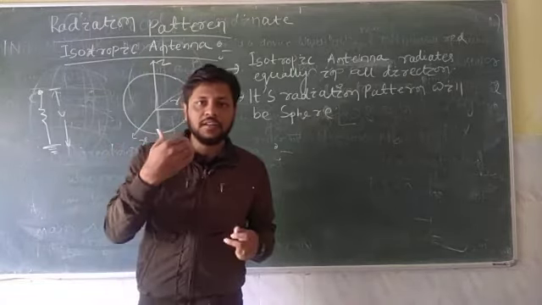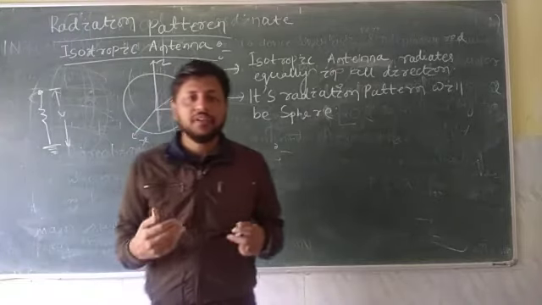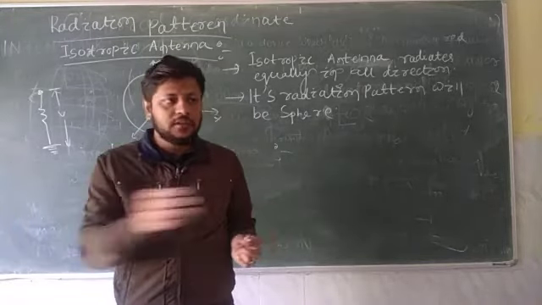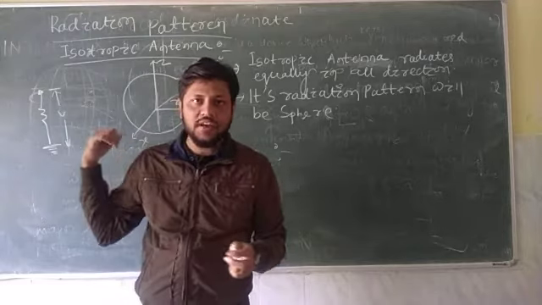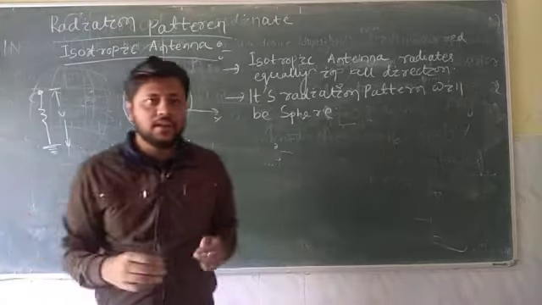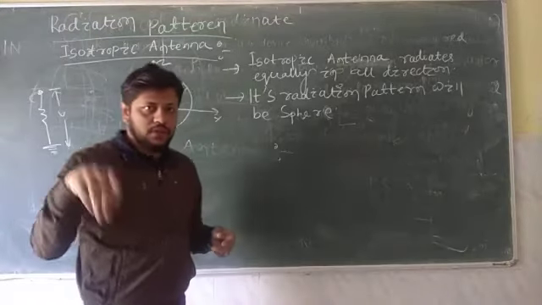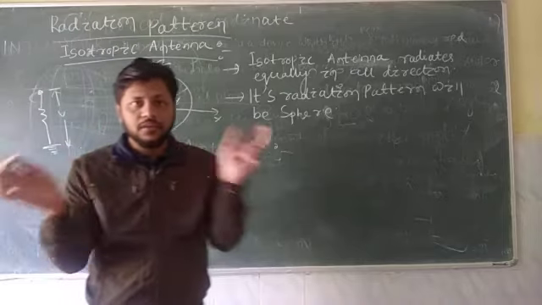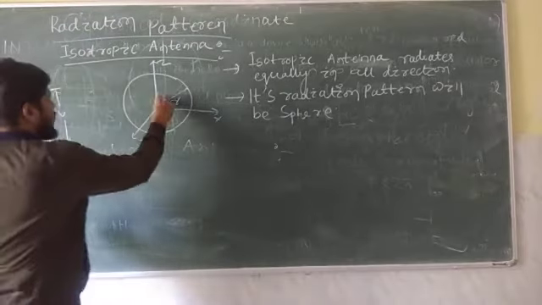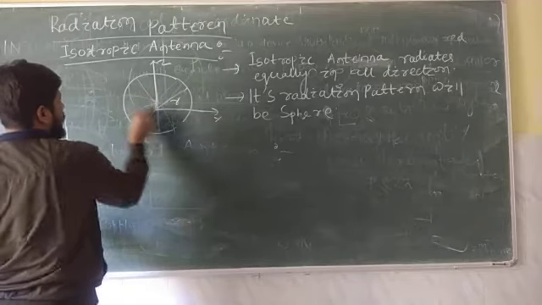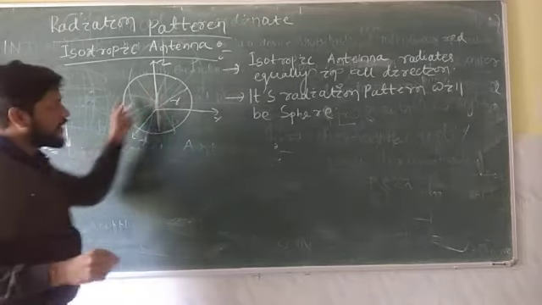For example, imagine that I am the isotropic antenna, then the radiation will be equally in this direction, and from the back side of the board it's spreading out equally in all directions, and the spreading out of electromagnetic waves, its radiation pattern will look like a sphere, because it is radiating in all directions equally.